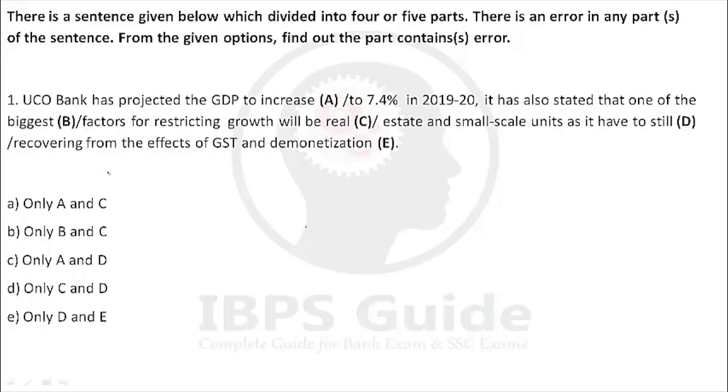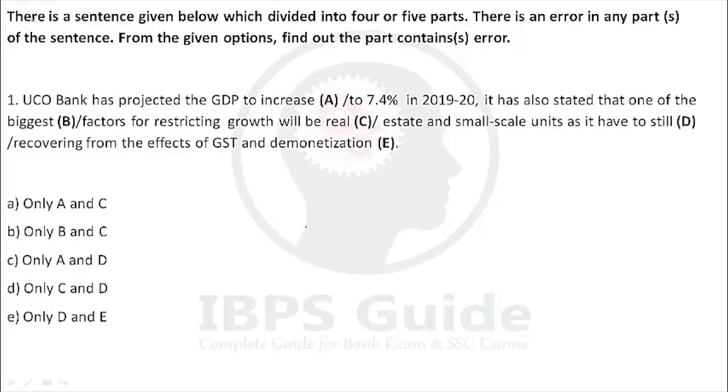Whether it is GST, demonetization, or the GDP, there are a lot of things, but we have to go through spotting errors. We have to detect the errors by going through the grammatical mistakes, just following where the grammatical mistakes are in this sentence.